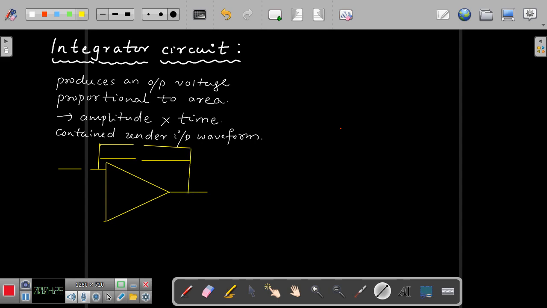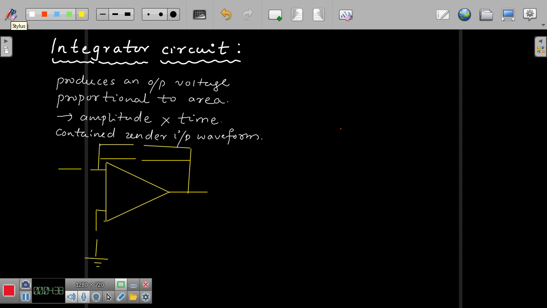This is going to be my output, and as usual here I have one resistance, that is the biasing resistance, and here I have got one input resistance.